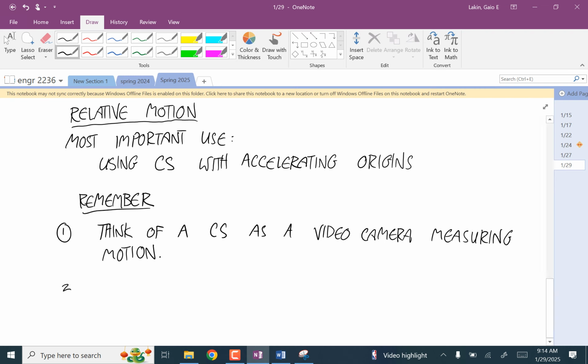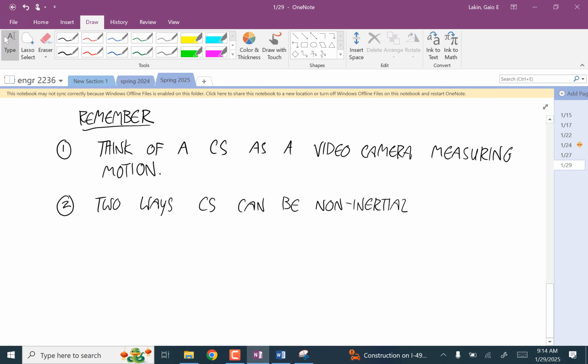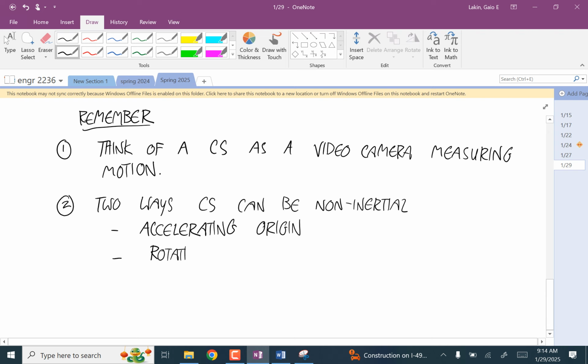So this is kind of what I said above, but there are two ways a coordinate system can be non-inertial. The first one is an accelerating origin. The second one is rotating axes, or let's just say a rotating coordinate system.